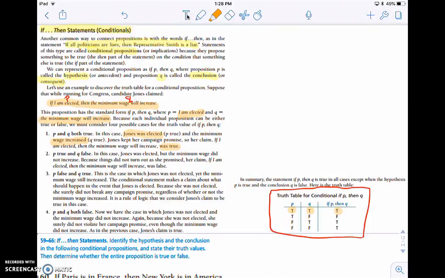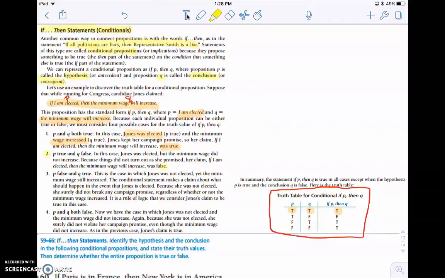The next statement down here, number 2: P is true, Q is false. In this case, Jones is elected, but the minimum wage did not increase. Because things didn't turn out as she promised, we have a false statement, because the first proposition, she was elected, is true, but she did not follow through on the minimum wage increasing.